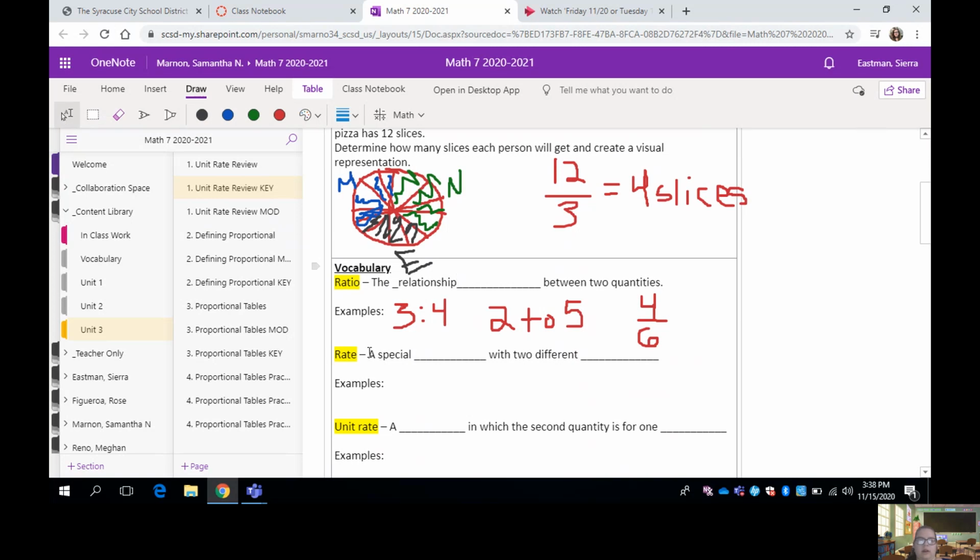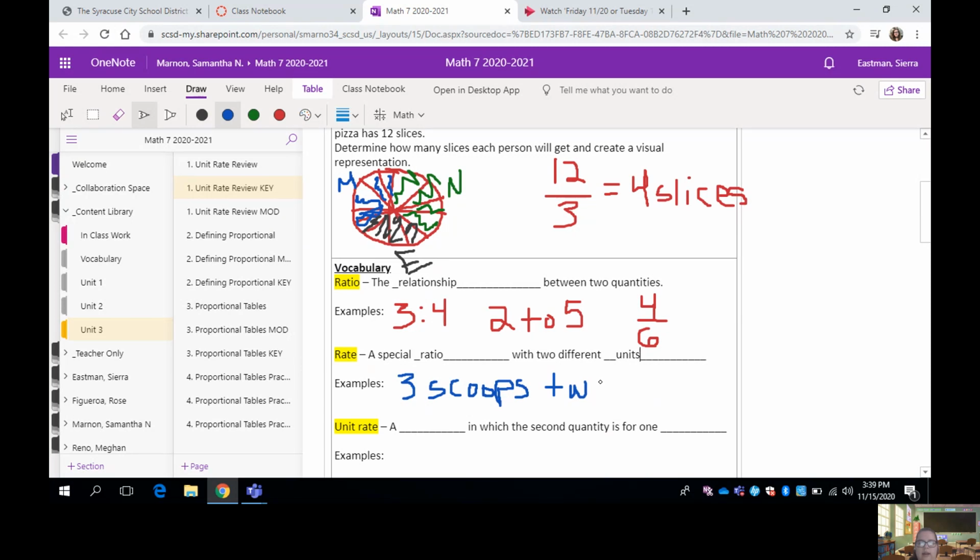Our next vocab word that we're reviewing today is our rate. Okay, so a rate is a special ratio with 2 different units. And if I'm writing an example here, maybe I have 3 scoops of ice cream, twice a day.